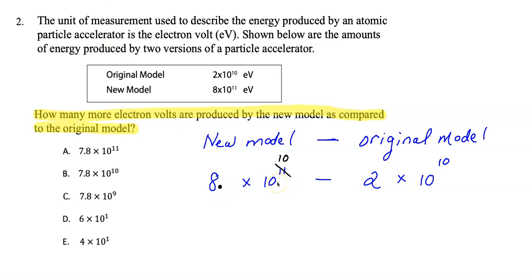So here's what you need to think. The original exponent was 11, and I changed it to a 10. That's a change of 1 unit. So to compensate for that, you need to move this decimal 1 space either to the left or 1 space to the right.